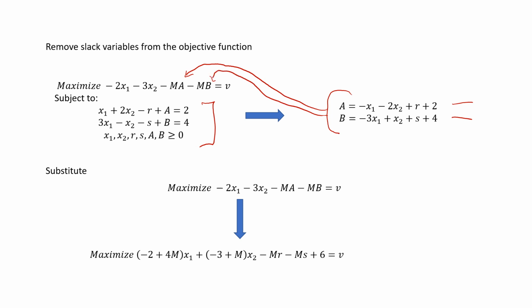What's that going to do? You're just doing a simple substitution that removes your artificial variables from your objective function. So it turns that new objective function into something that deals with only the other variables. And once we've done this, we can put it back into the tableau and we'll have the form that we need.